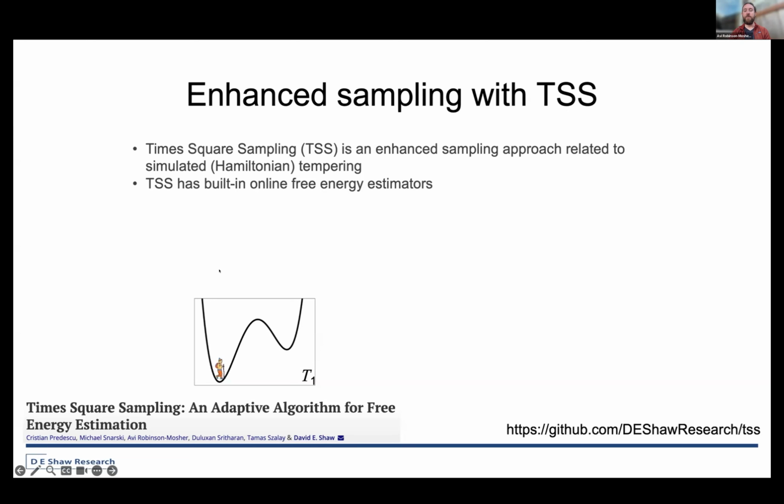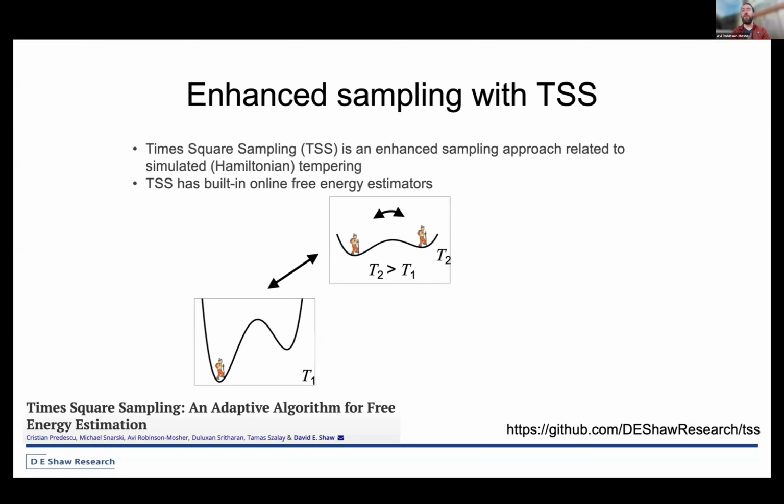And it uses them like this: if your energy landscape has one energy well down in the left corner and a higher energy well up there, but you simulate at a low temperature, it's going to be a very long time before you cross from one well to the next. So with enhanced sampling, using TSS or anything else, you jump around in terms of what set of simulation conditions you're using, in this case moving to a higher temperature.